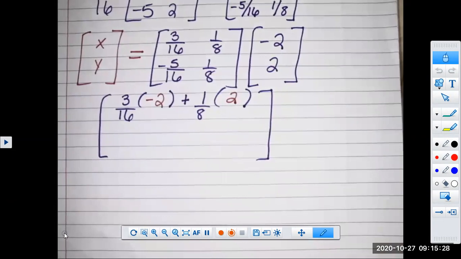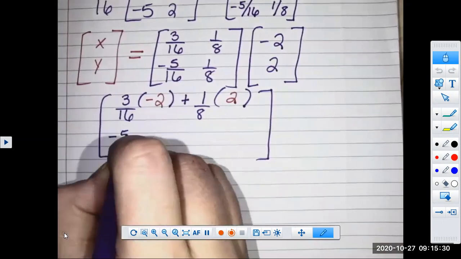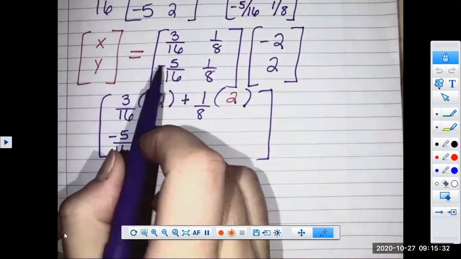Okay, do the same thing with the second row of numbers, -5/16.